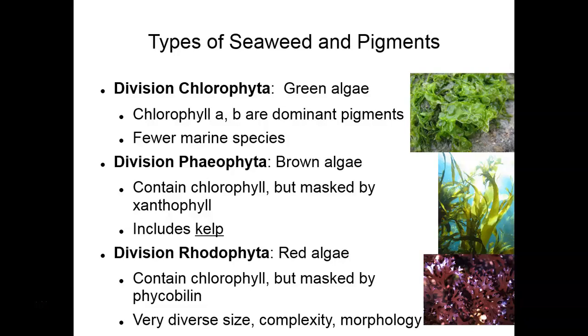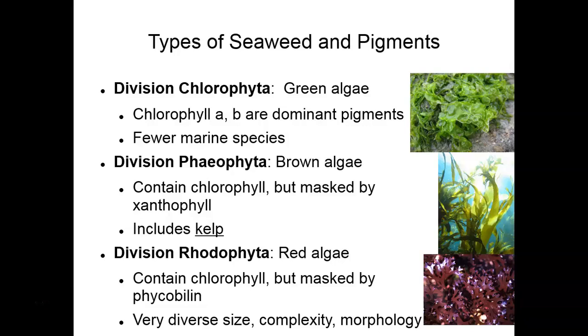Then finally we have the division Rhodophyta, which are the red algae. They contain chlorophyll also, because they're photosynthetic, but they also have pigments called phycobilins, and those pigments make them appear red, and sometimes almost a dark purple color as well.